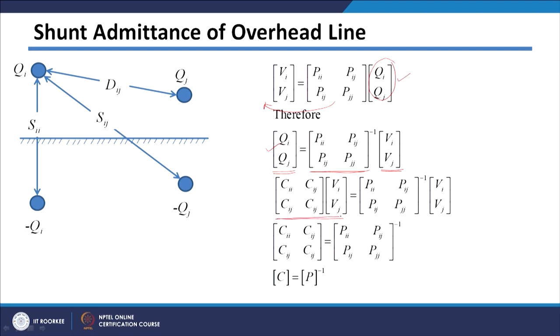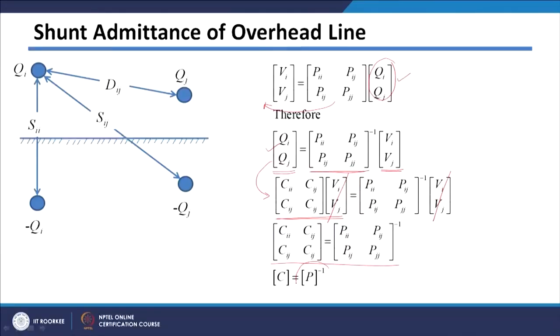After writing Q is equal to CV, you will get this term here, where instead of Q I am writing CV. If you see, the voltages on both sides will get cancelled out, so the matrix of capacitance will be just the inverse of the matrix of potential coefficients. We have seen how to calculate the potential coefficient matrix, so just get that matrix, and its inverse will give me the matrix of capacitance.